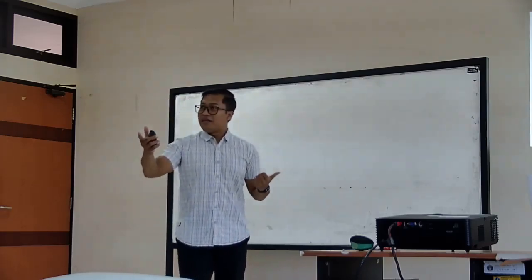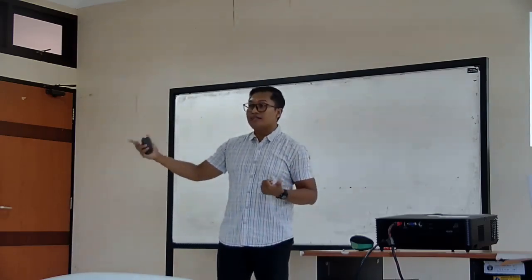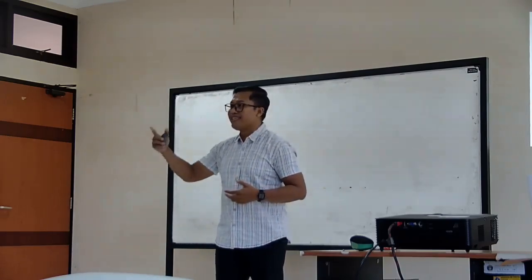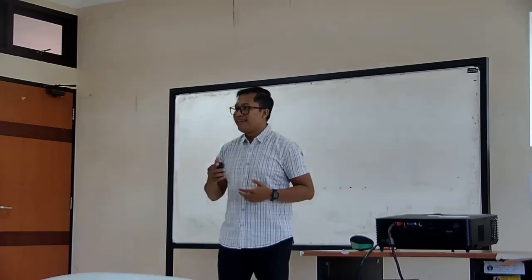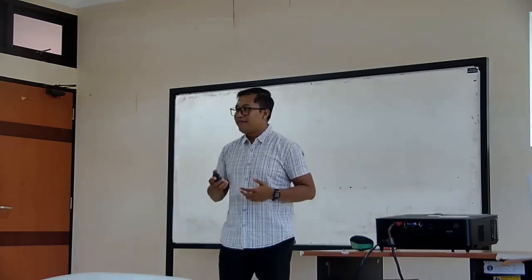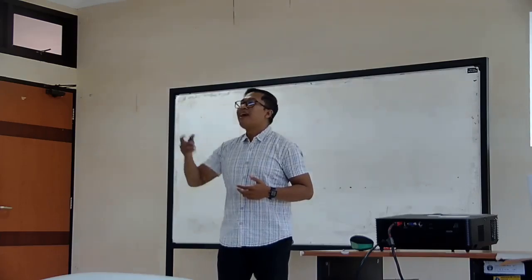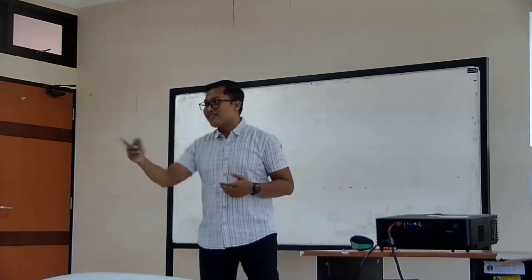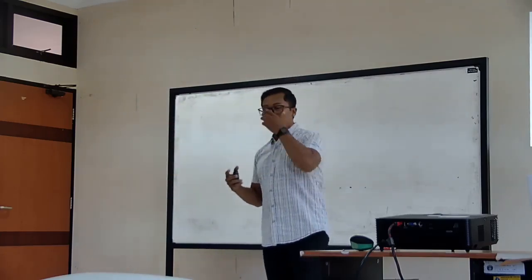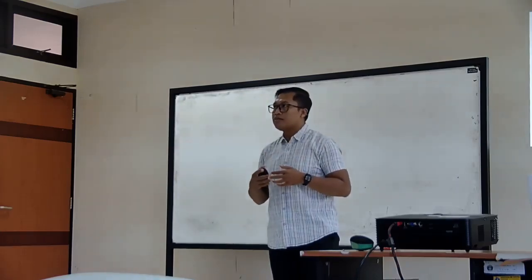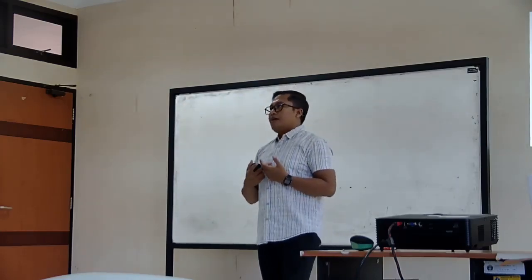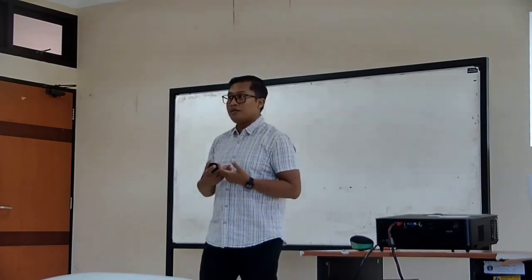I forgot one thing, the ternary relationship, and then the last one is to determine the multi-value attribute. Okay, that's correct. We need to identify the attributes that have the type of multi-value attributes.